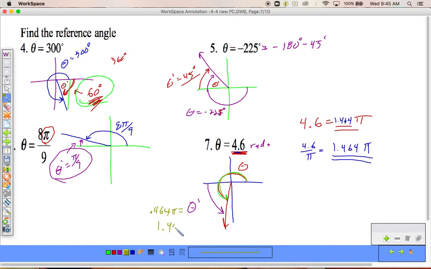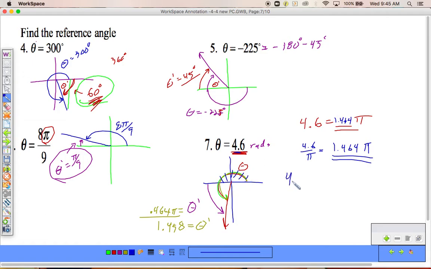1.458. I got rid of the pi. I multiplied that times pi and got 1.458. The reason is, if this whole angle is 1.46 pi, I want to ignore 1 pi.